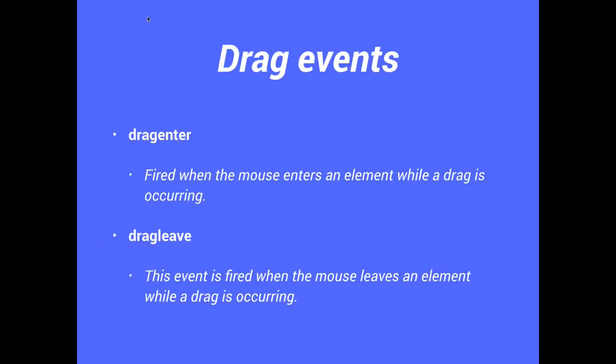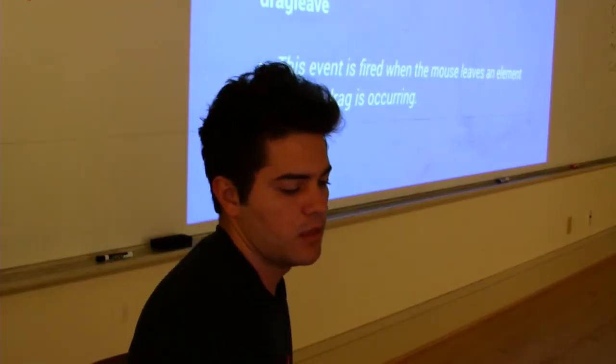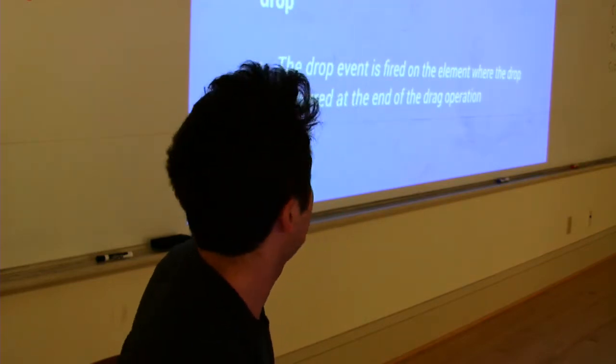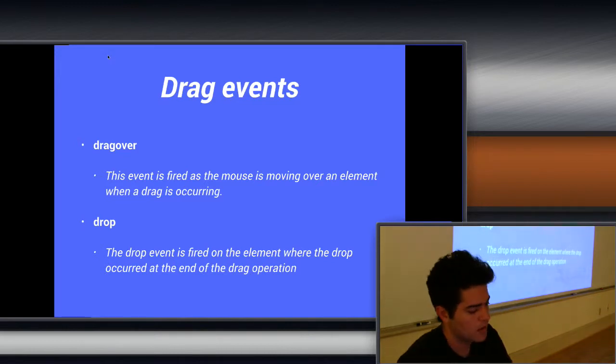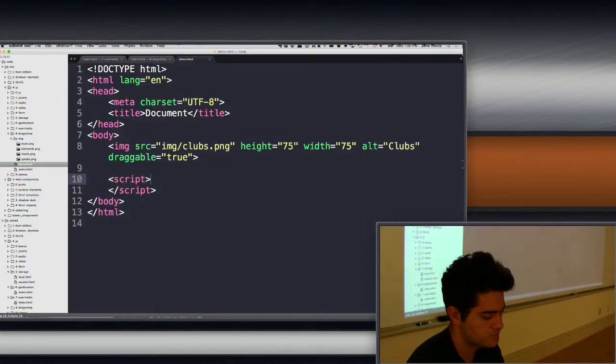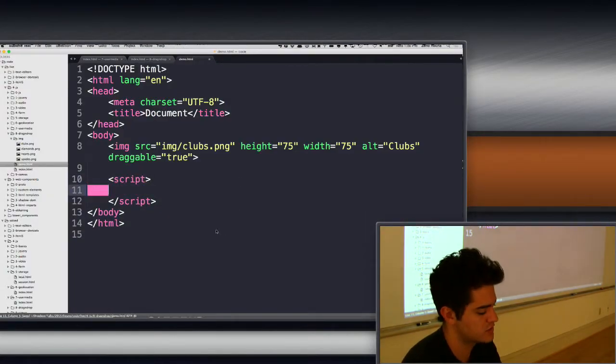We have dragenter, like to enter in this area, or dragleave. And we also have dragover some area, and then dropping it. So we have all those events, and we can explore some of them.